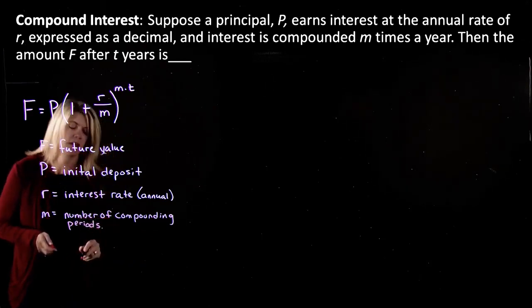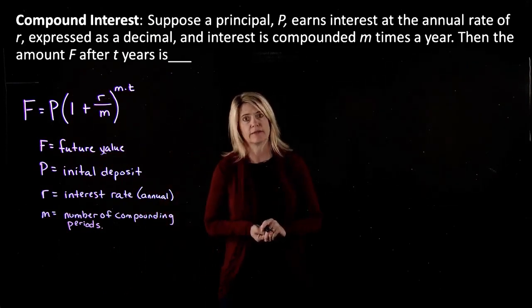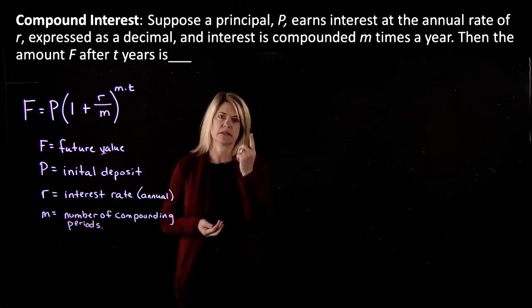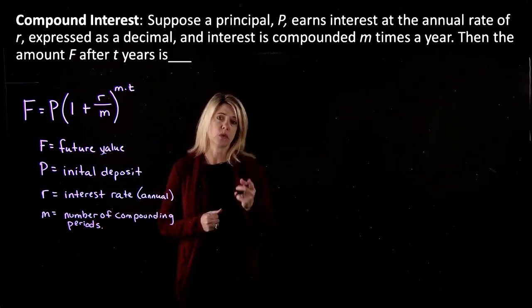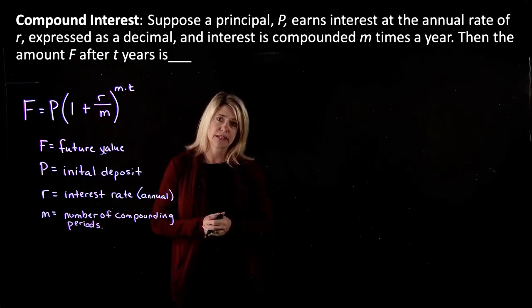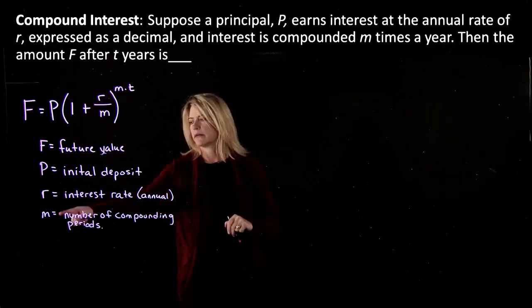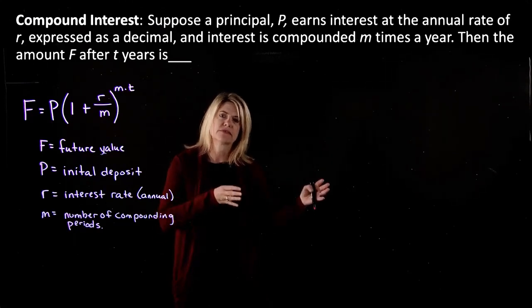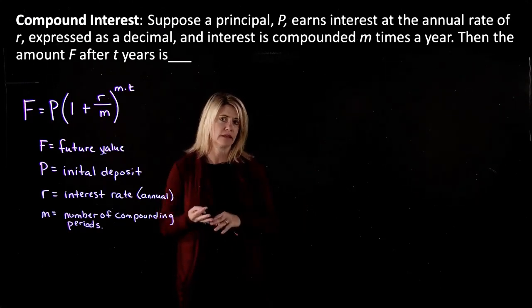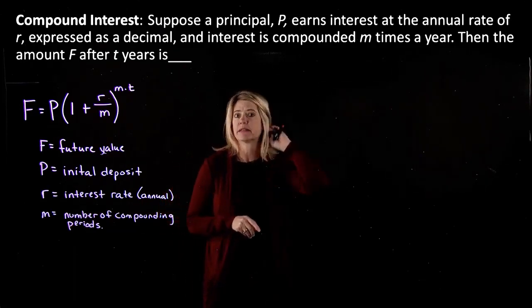The number of compounding periods: you could have something that's compounded annually. If it's compounded annually, that means it's just one time per year, so M in that case would have a value of 1. If it's compounded semi-annually, that means it's compounded twice a year, so M would have a value of 2. There's a number of different values. It could be compounded monthly, in which case M would have a value of 12 because there's 12 months in a year.